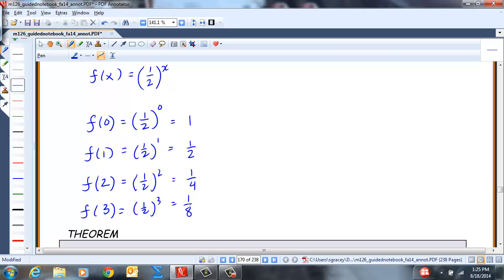So if we take a look at the ratio of successive terms: f at 1 divided by f at 0 is 1/2 divided by 1, which is 1/2.